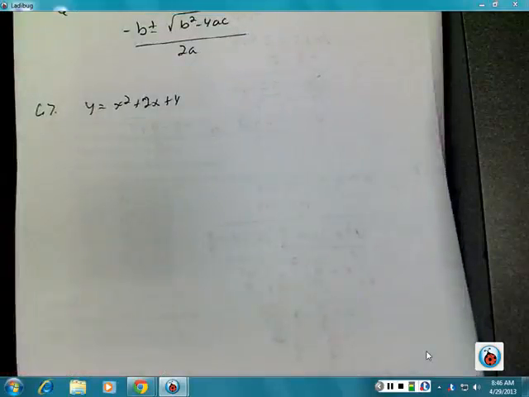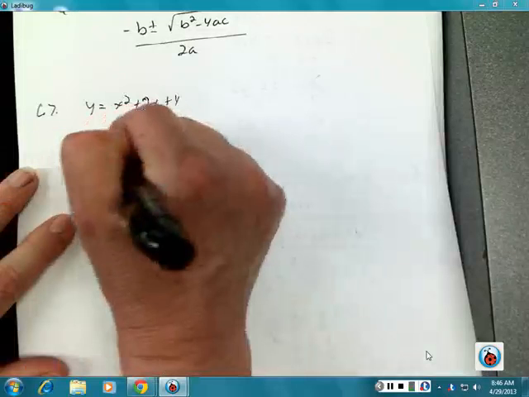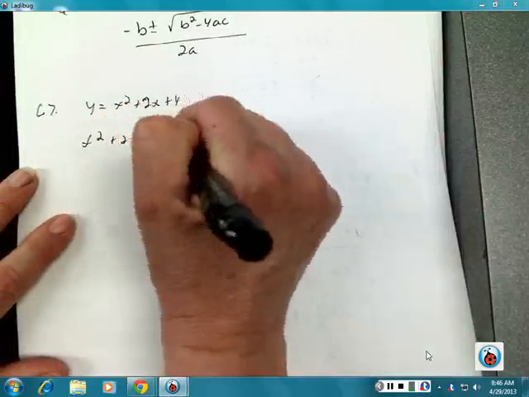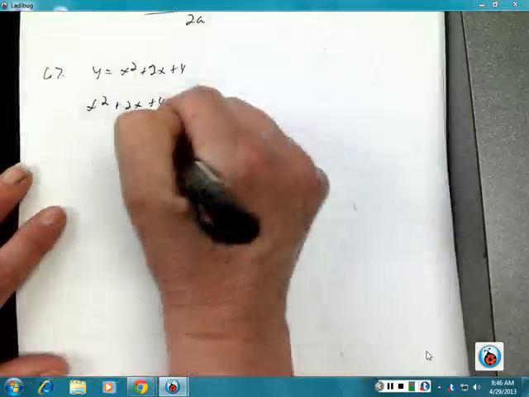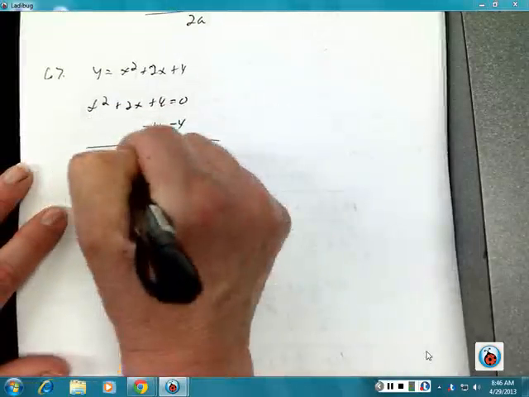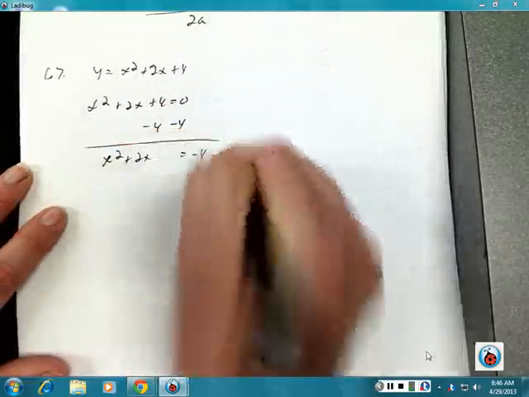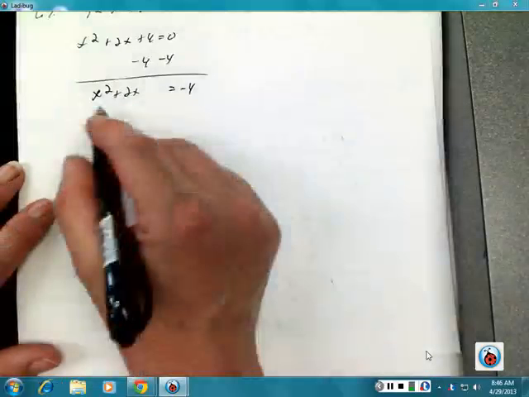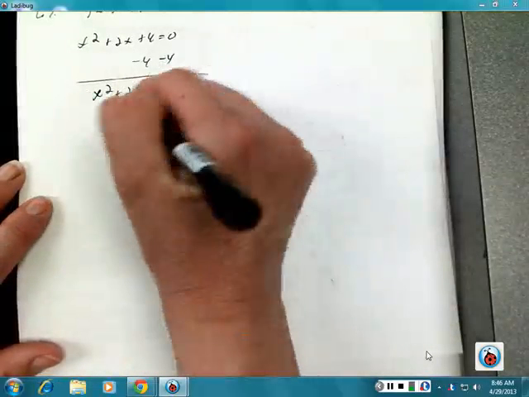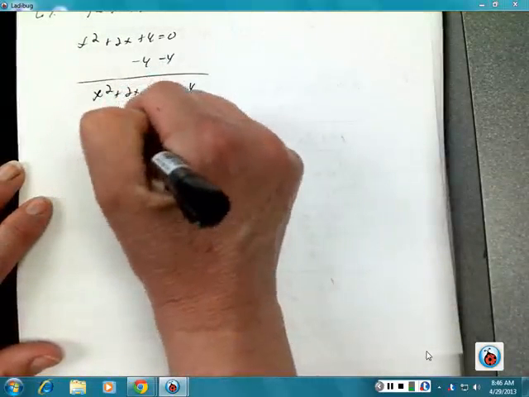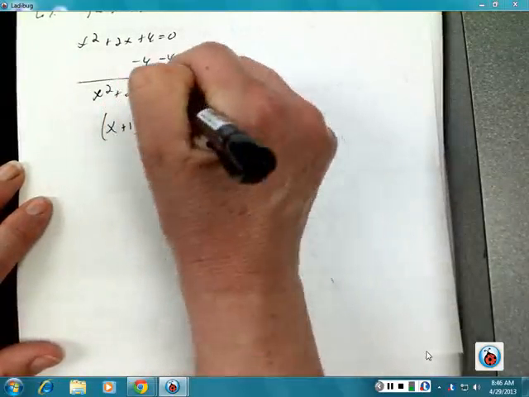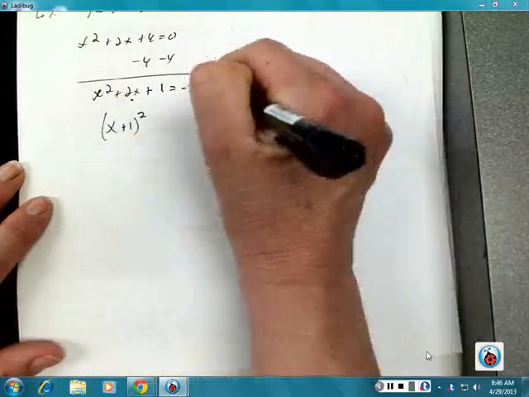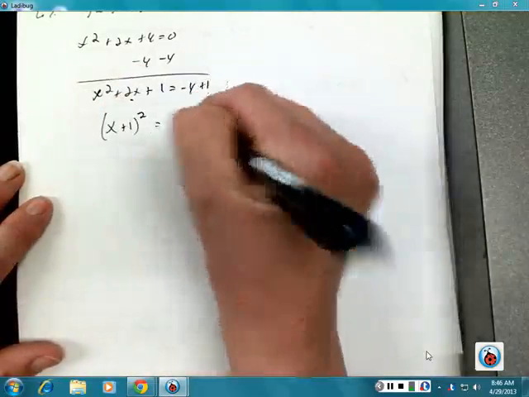Well, I set it equal to 0. Minus 4. And we're going to complete the square like we were doing, but we're going to move the piece back so we get it in the right format. So half of 2 is 1. 1 squared is 1. Add it to both sides, gives me a negative 3.